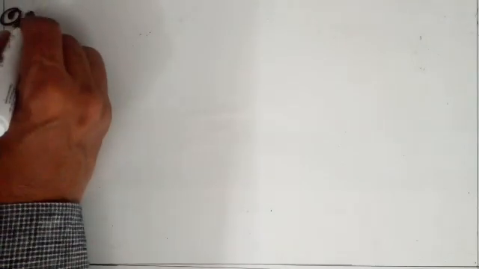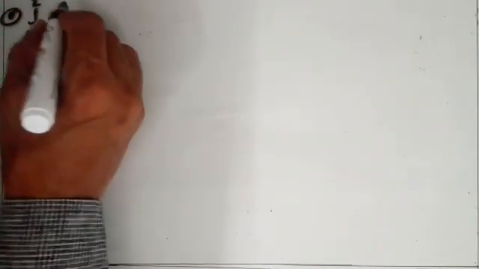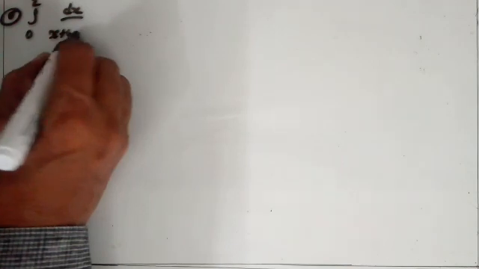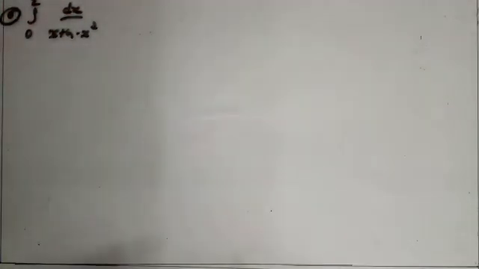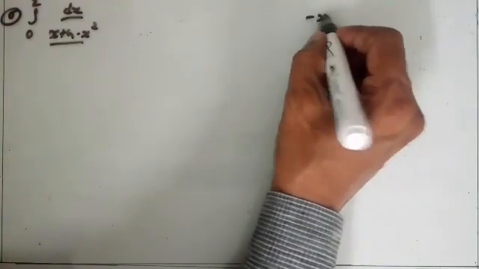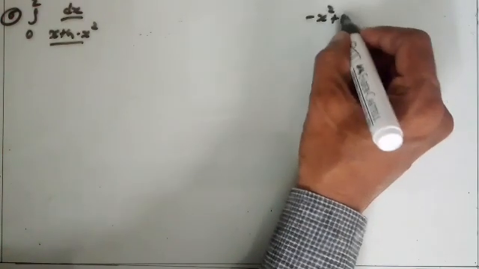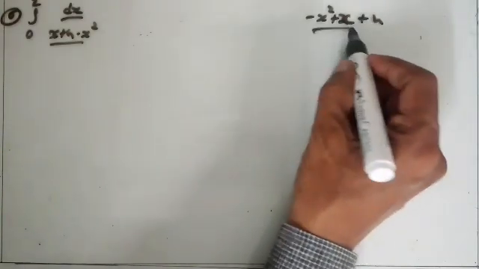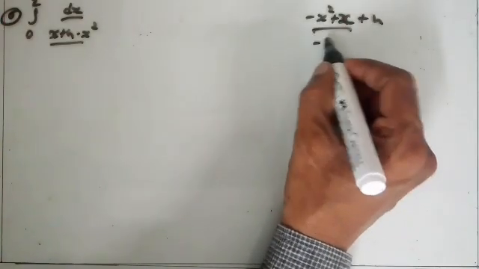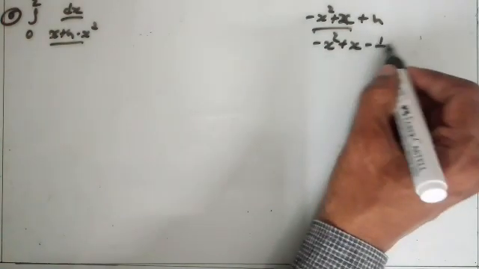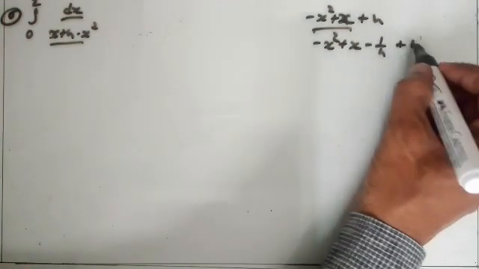Now question number 6. Find 0 to 2 dx upon x plus 4 minus x square. First make it perfect square. Minus x square plus x plus 4. Here minus x square plus x, we subtract 1 upon 4 and add 1 upon 4.